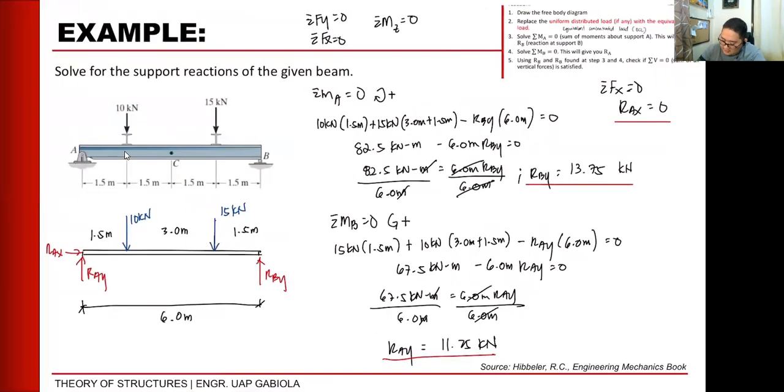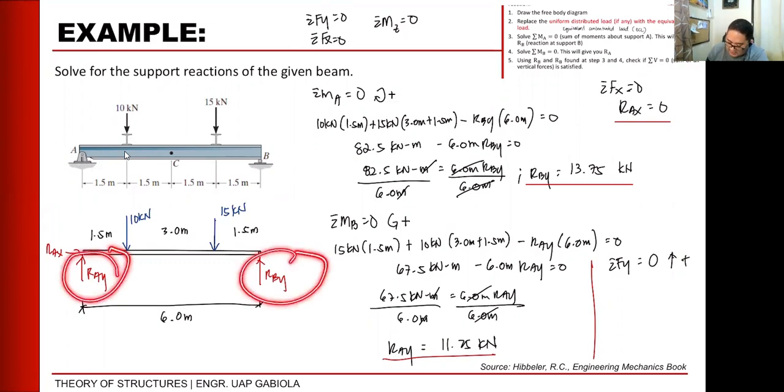Okay? So now, we have the values of our three unknown reactions. What to do now is to use the remaining equilibrium equation, which is the summation of Fy, as our check. Okay? I assume that the summation of Fy is equals to 0, taking upward as positive. So all upward forces are positive. So RAY and RBY will be positive. Then 10 and 15 are negative.